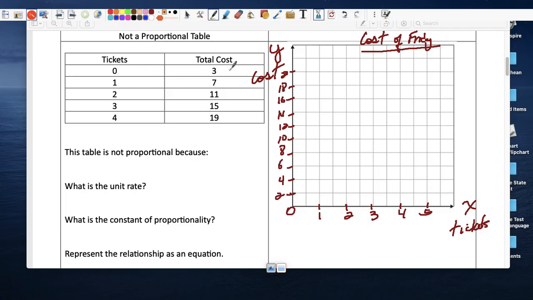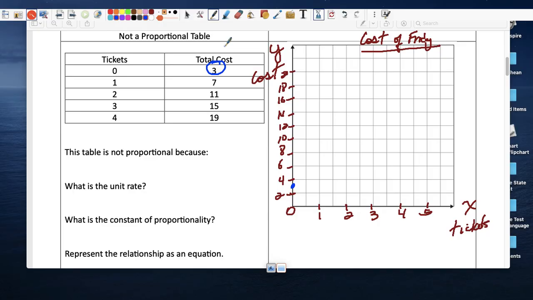With 0 tickets, you're paying $3. So your starting point is not the origin, but right here. How can we explain this? How is it that I haven't paid for any tickets to go to the movies with my family, yet I'm already down $3? Maybe you went to the deli and bought a bunch of candy, because you don't want to spend the overpriced prices at the movie theater.